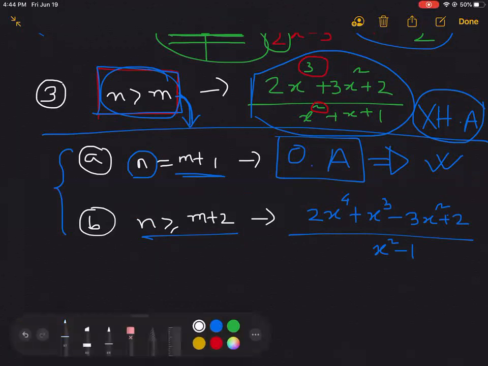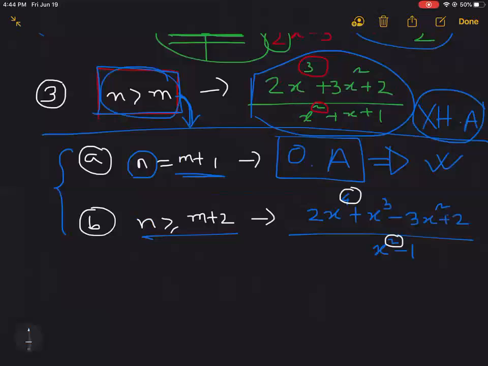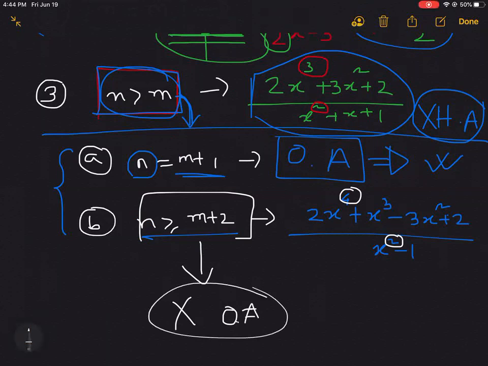But as the degree is actually 2 more than the degree of the denominator, you can also conclude that we won't have any oblique asymptote either. So that means there will be no horizontal, no oblique asymptote for this problem.